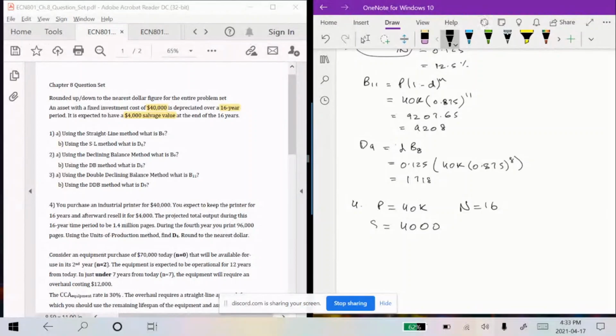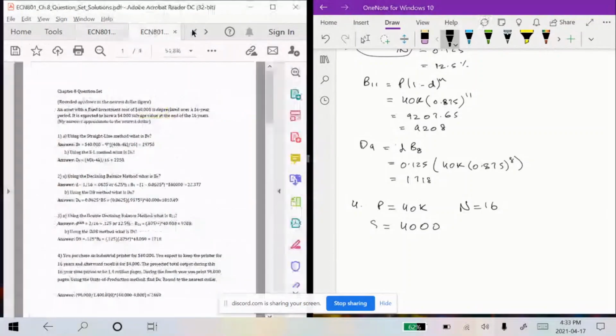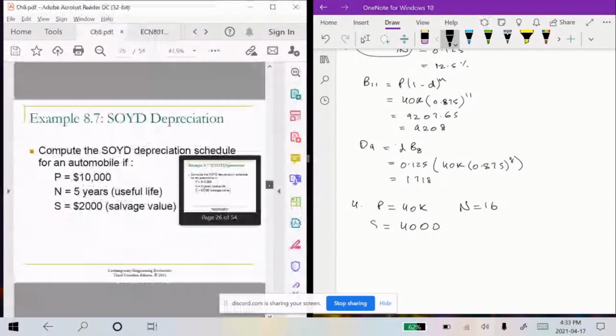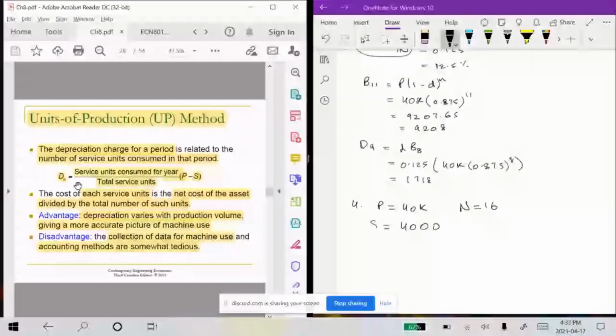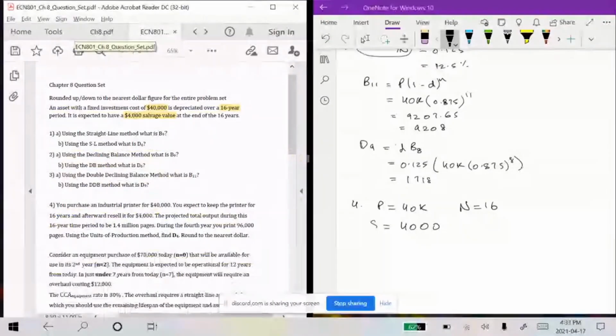So this one we use the unit of production method, and this is the formula that they gave us. Dn would be service units consumed for the given year divided by the total number of service units, multiplied by P minus S. In this case, they said that the total number of pages that can be printed is 1.